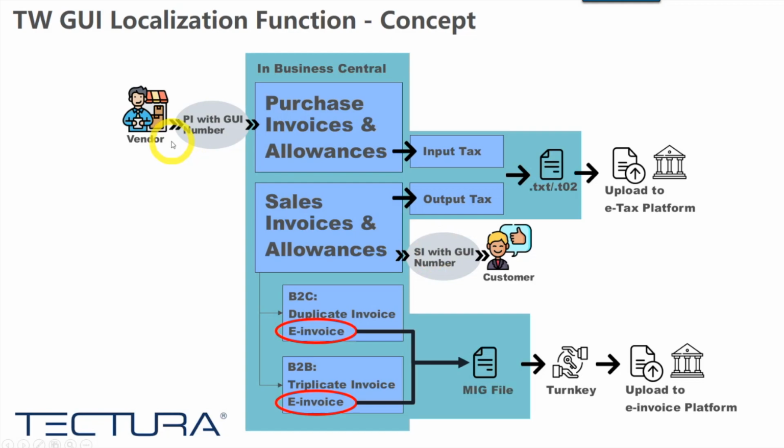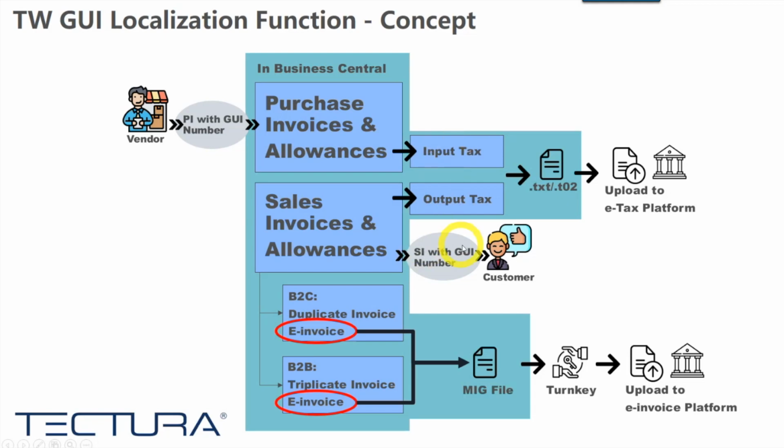When buying items from the domestic vendor, a GUI number will be provided with purchase invoices and purchase allowances. We will put invoice information in Business Central, and by doing so, we can calculate the input tax.